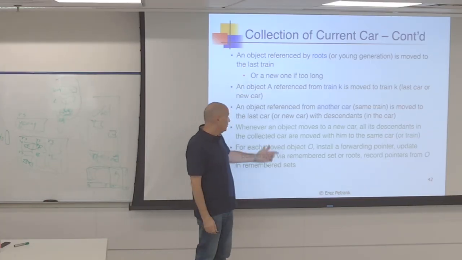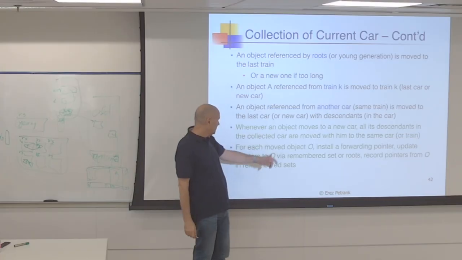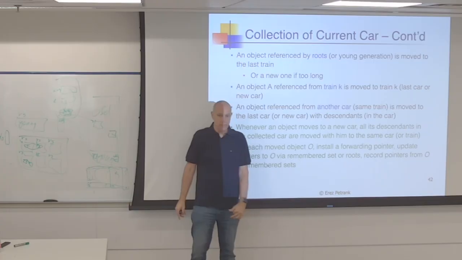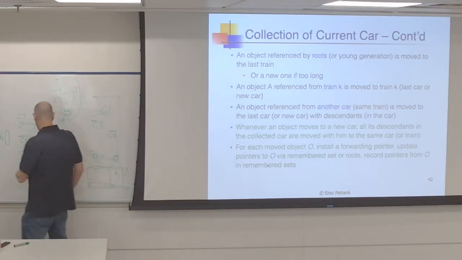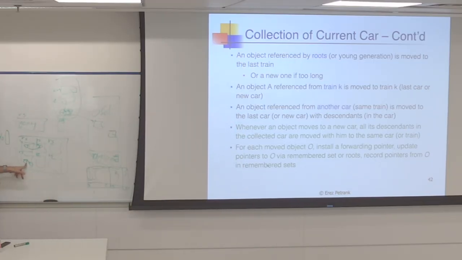Okay, and for each moved object, I install a forwarding pointer. If I move an object, maybe there will be other references to it which I'll have to fix, so I need to know where it moves. Also maybe another object here will point to it and I will discover it later. I need to fix pointers.